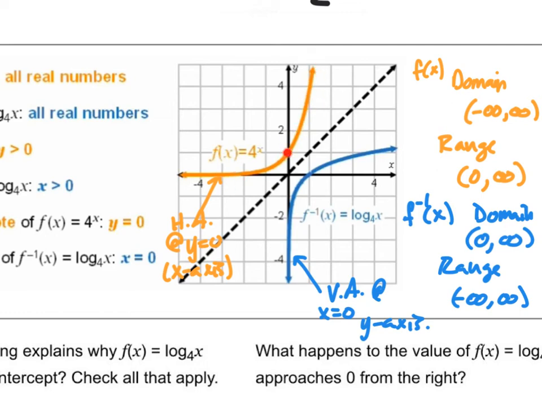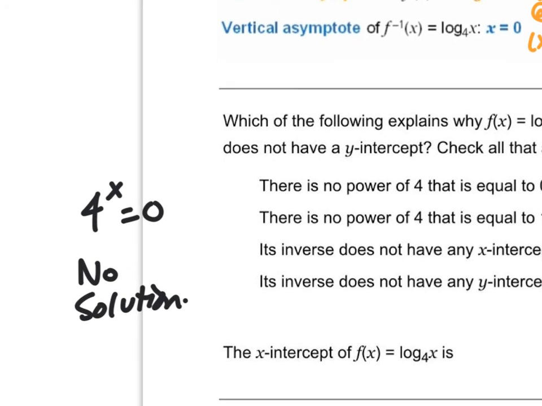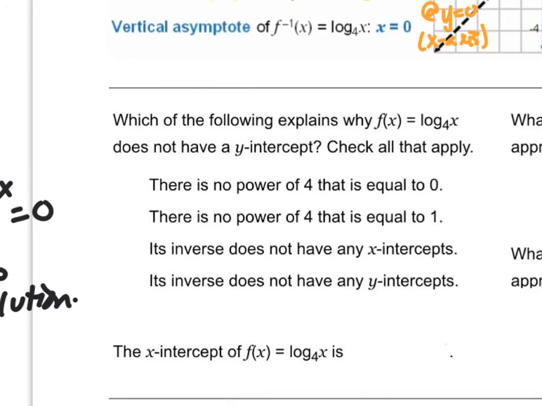You plug in 0, you're going to get 1. If you plug in negative values, you'll get a fraction, and it's always going to be positive. It's never going to cross the x-axis. So when you have this equation, 4 to the what power gives you 0, there's no solution.